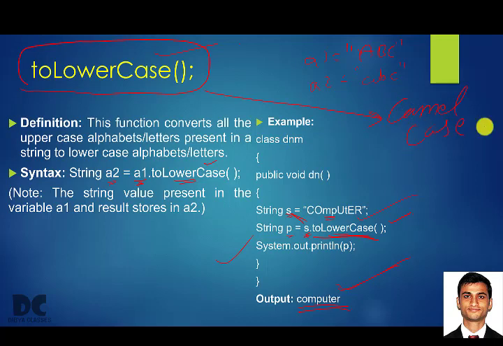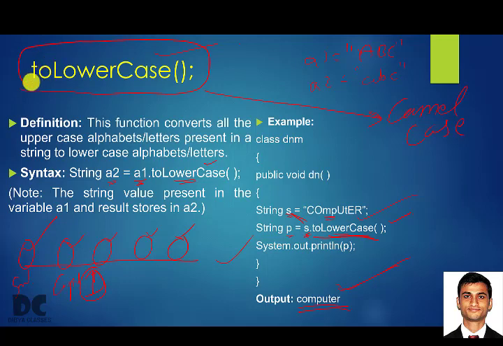So camel case means if there is a sentence and for example there are 5 words, in the first word everything will be small and from the second, third, fourth, fifth, all these words, the first letter will be capital.